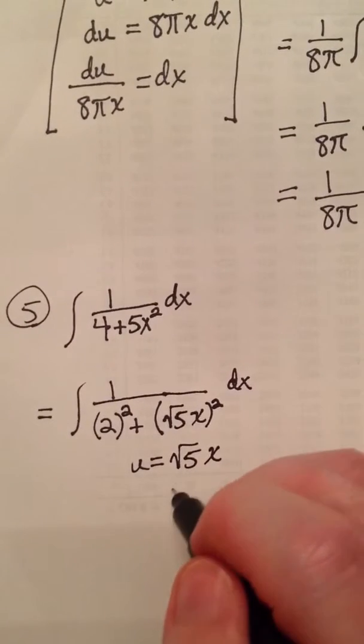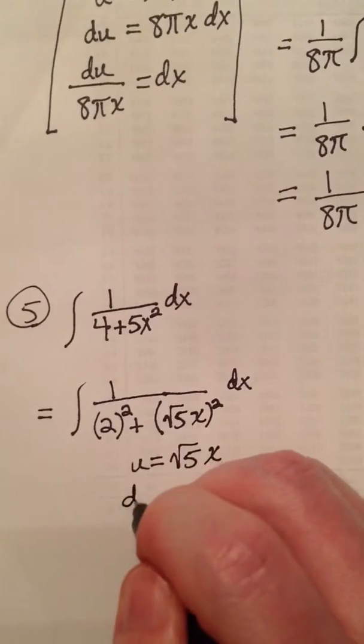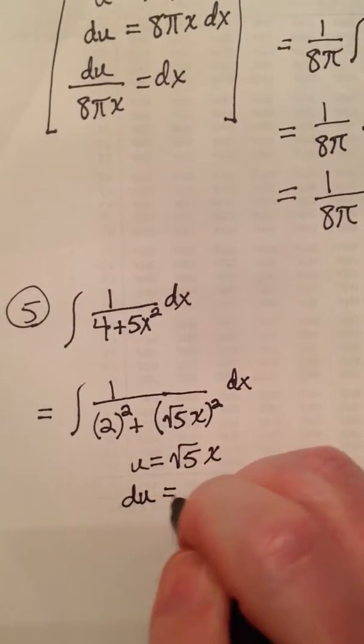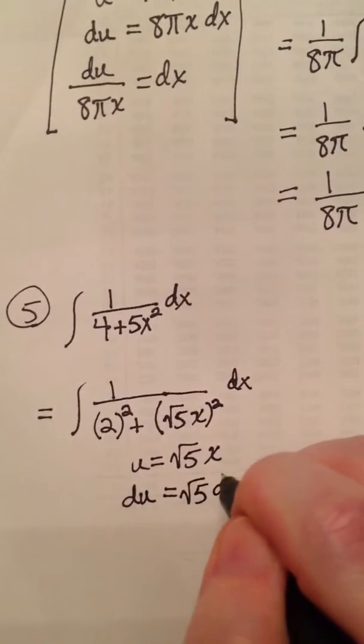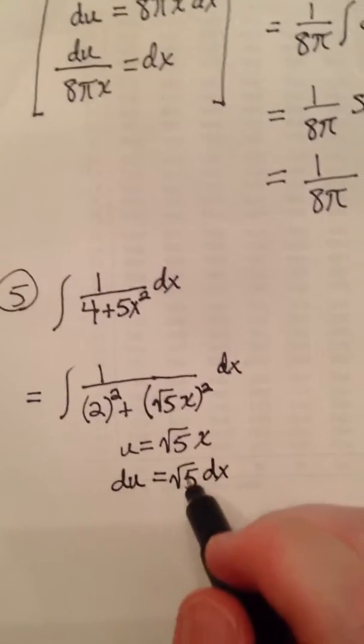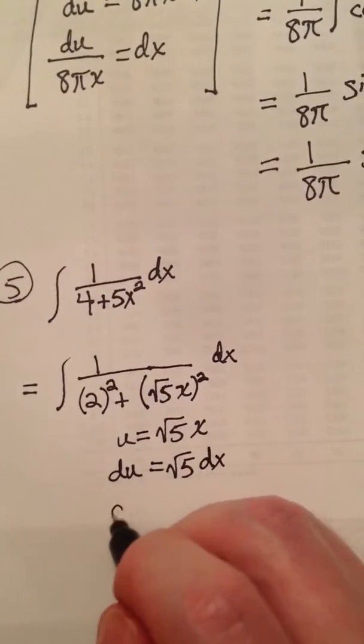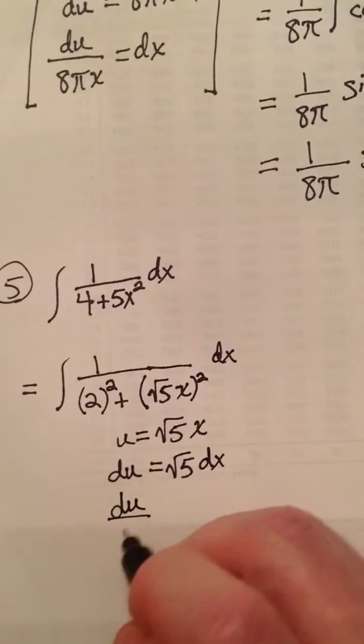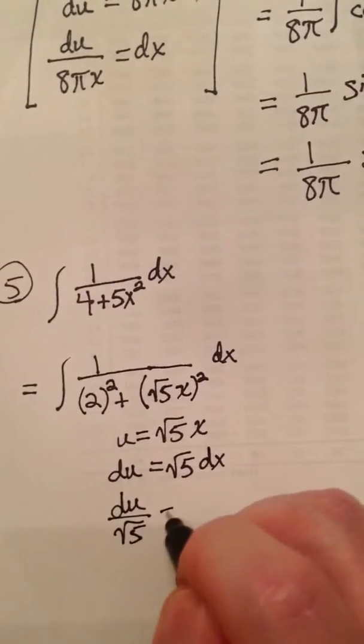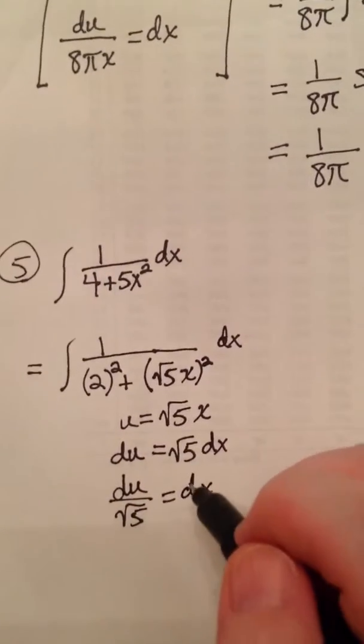So I have u is equal to the square root of 5 times x, and thus we have du is equal to the square root of 5 dx, and rewriting dx in terms of du, we have du over square root of 5 is equal to dx.